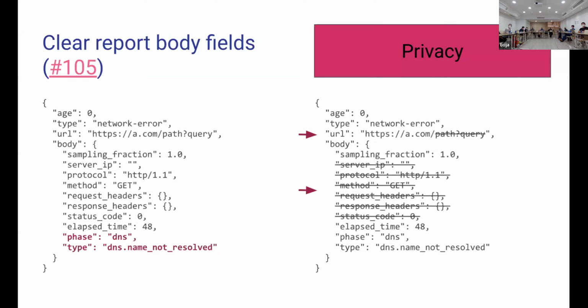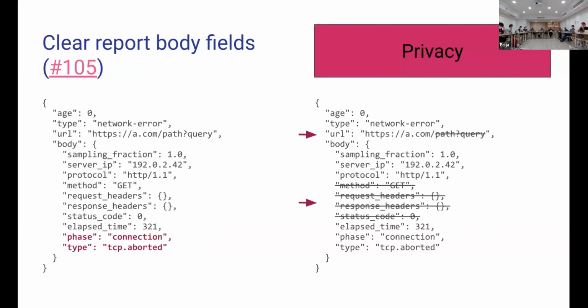There are no response headers, but there are potentially request headers, as well as the protocol and the method. They're all HTTP concerns that in this case would clearly be irrelevant because you haven't even gotten to the point of making an HTTP request. So the suggestion here is we should truncate the URL to just the origin and remove the HTTP level fields out of the log for DNS requests.